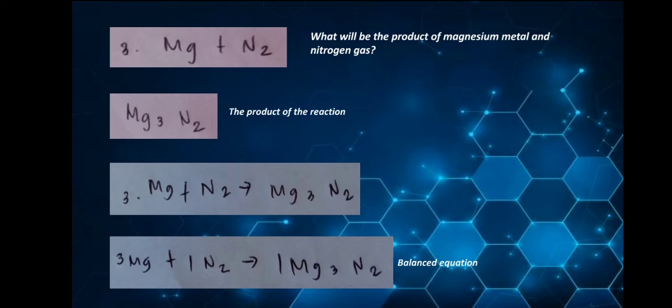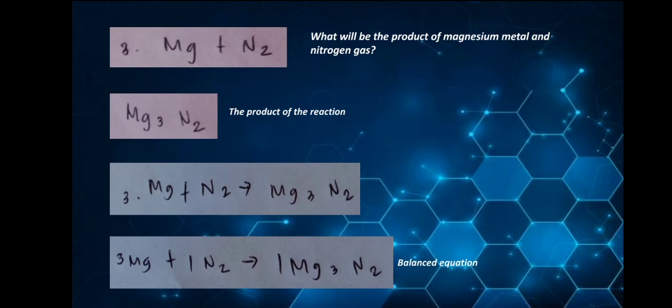The last exercise, we have magnesium and nitrogen. What will be the product if we react magnesium metal with nitrogen gas? If we combine them, we'll come up with magnesium nitride. Then let's get the chemical formula. We have a positive 2 charge for magnesium and a negative 3 charge for nitrogen.